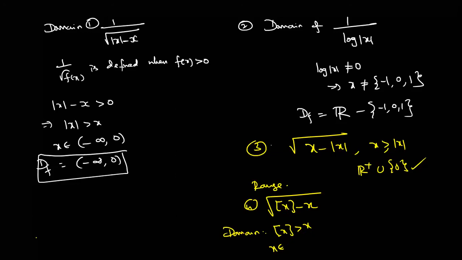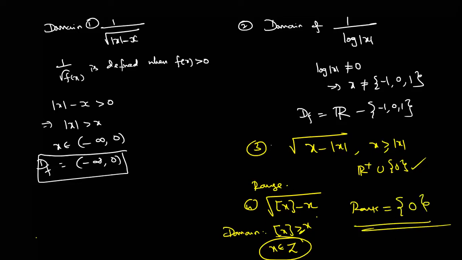Greater than or equal to Z, yes. Greater than or equal to Z means only integers possible. What is the range, anyone? Take x equal 1, 2, 3, 4. Answer is coming every time. Range is always 0. Singleton 0.